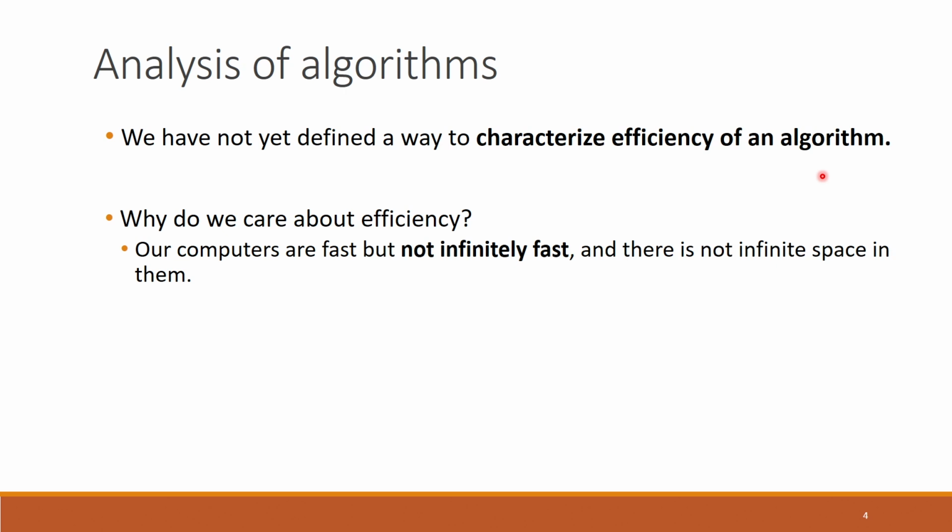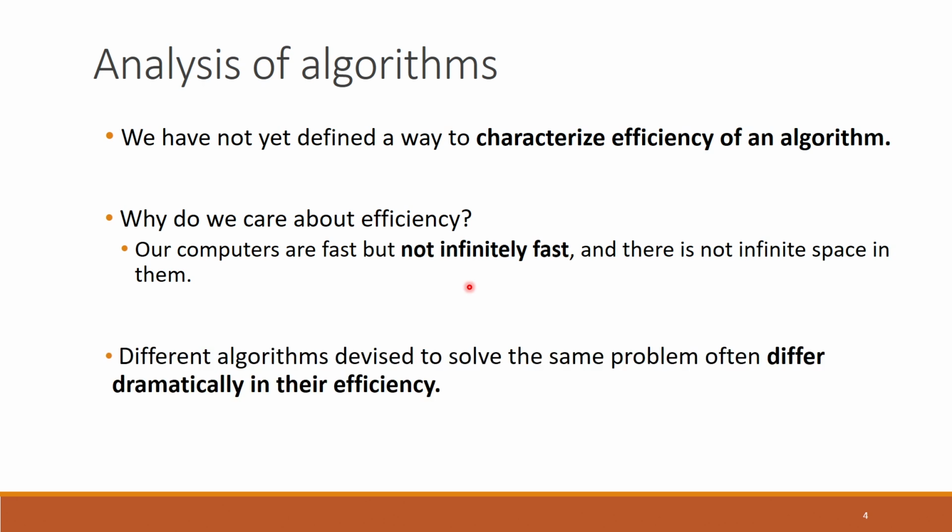Similarly, nowadays we have a lot of equipment with a lot of storage space, but there is no equipment that will have infinite space. When these considerations are there, we need to care about the efficiency of algorithms.